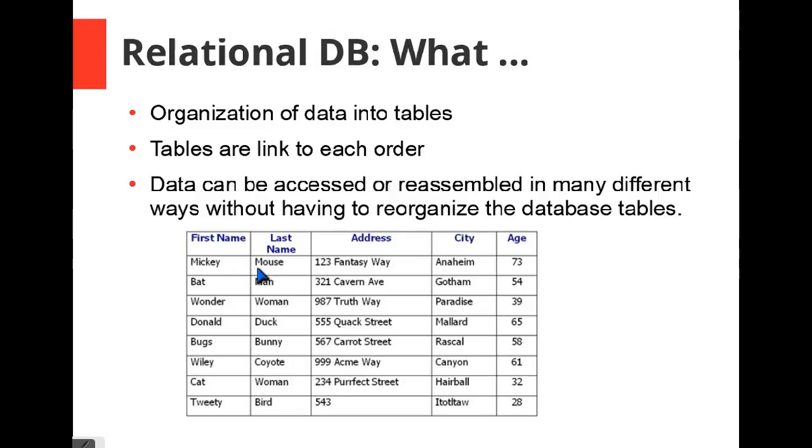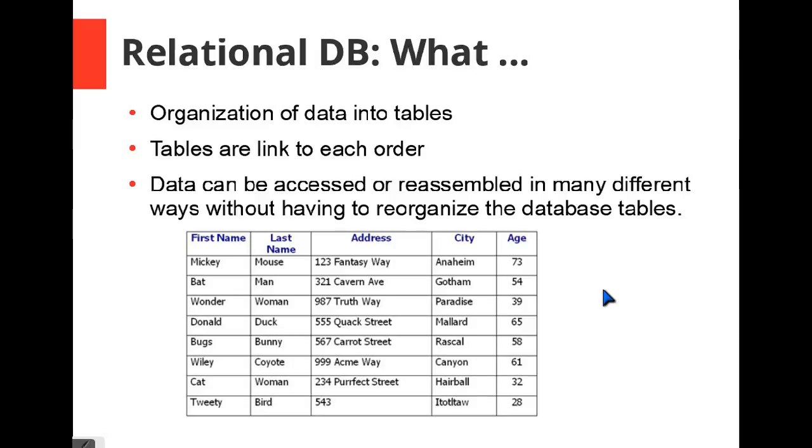Each of these columns has data in rows, and that's how data are organized in a relational database system. Each of these tables is linked to the others. If there are many tables, they are linked by what is known as a foreign key, which we're going to see later in this course.